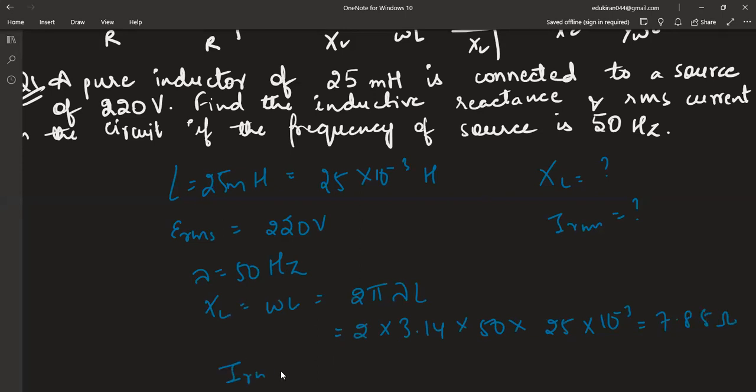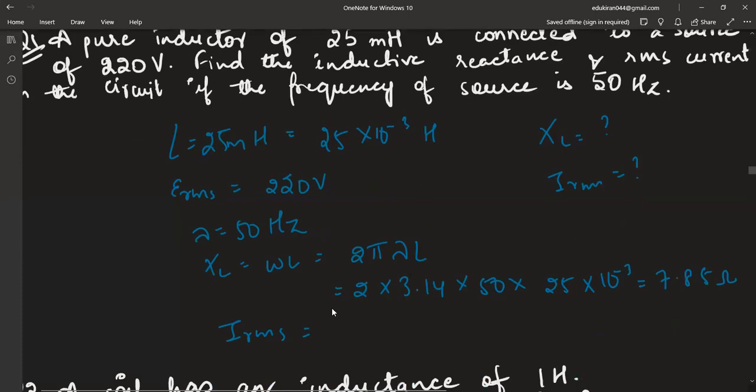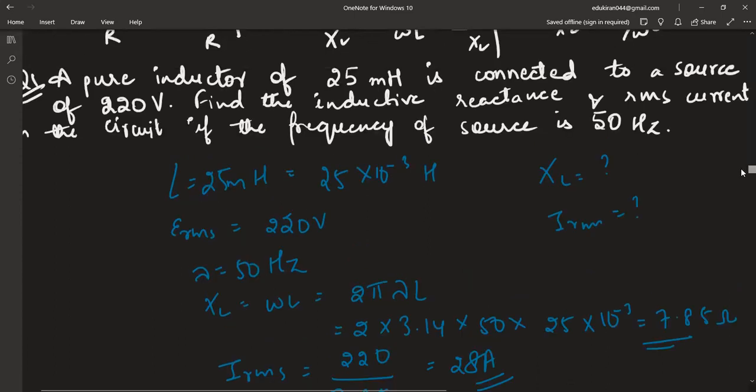And IRMS: you have the value of voltage, 220, and you have the value of XL, so it will be 220 divided by 7.85. This should be around 28 amperes. These values you can cross-check. Don't rely on these. They can be wrong also. Write it down.